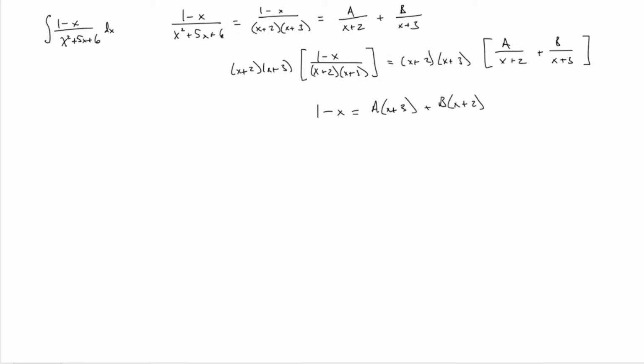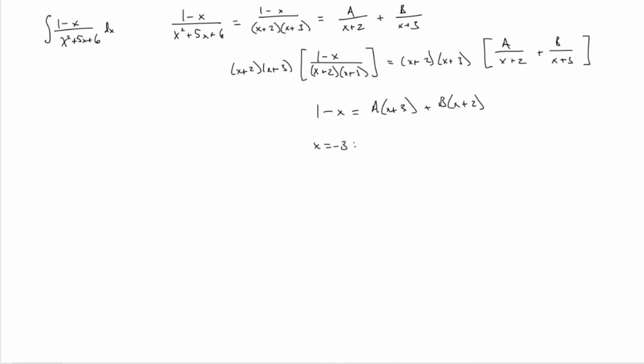And now we have to find the values of a and b. There's more than one way to do it, but for this problem, the easiest way is probably to use the method where you say, this equation has to hold true for any possible value of x, so I can choose some interesting values of x to make it easy.